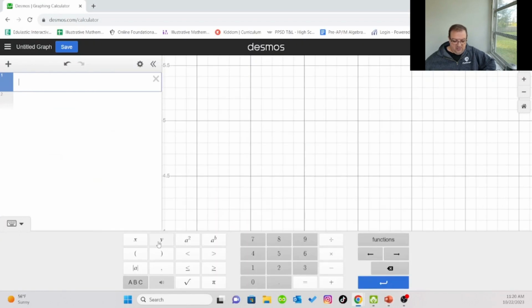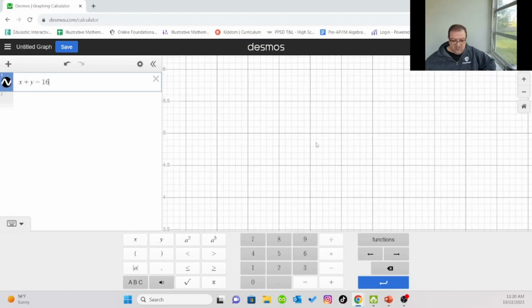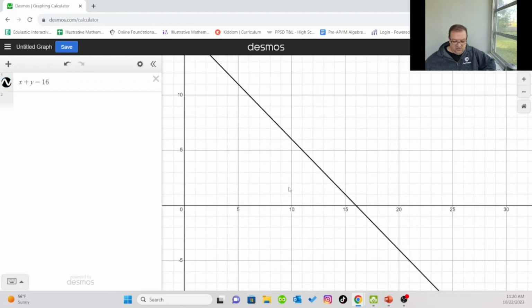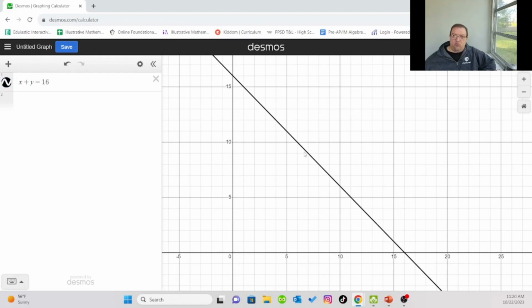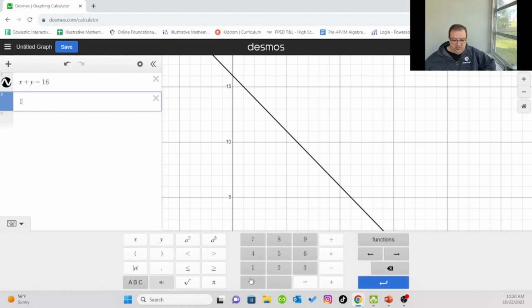Now we can go in and type these into our equation. So A plus C, or x plus y, equals 16. If we zoom out, the black line represents the total tickets. Then we said $10.50 per adult ticket plus $7.50 per child ticket would equal a total of $141.